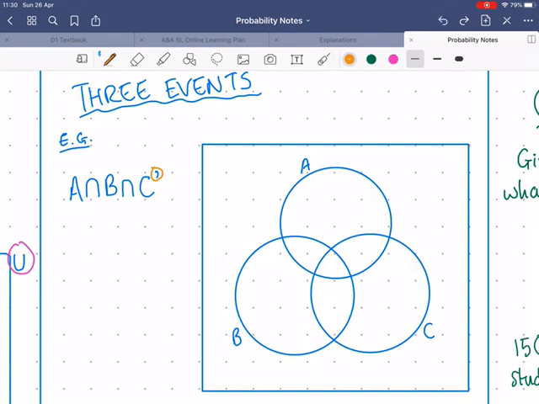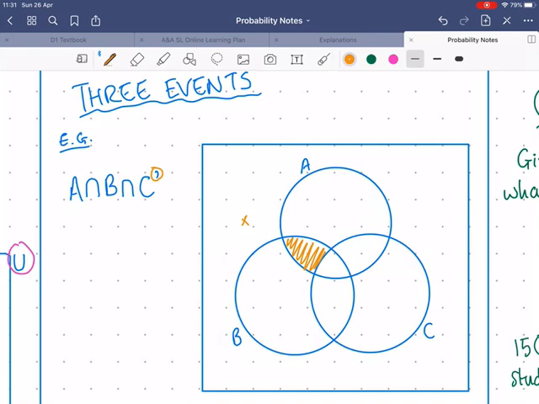So we could say, well, firstly, what's the intersection of A and B? It's all of this. And where does that intersect with not C? Well, just this section here. You could consider other points in the diagram, like here.